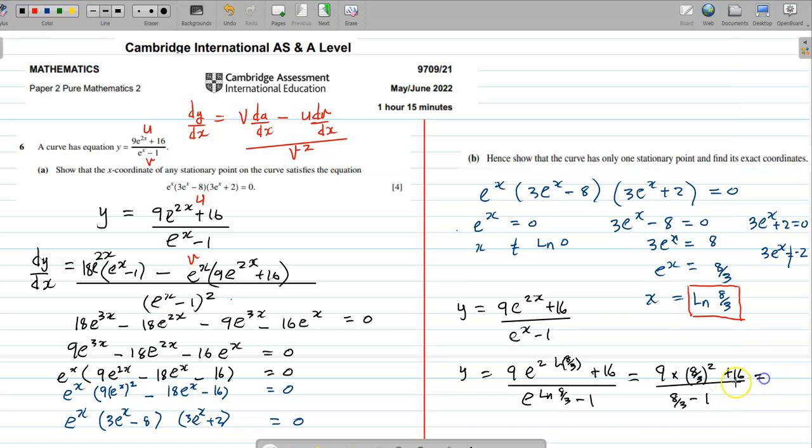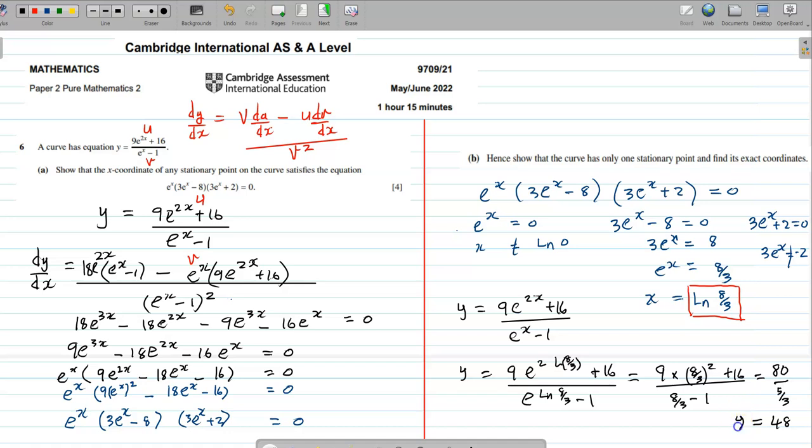And what we get at the top is 64, and then that's 9, so that goes out. So 64 and 16 is 80, and then 1 from 8/3 is just 5/3. So what we get there is 48.